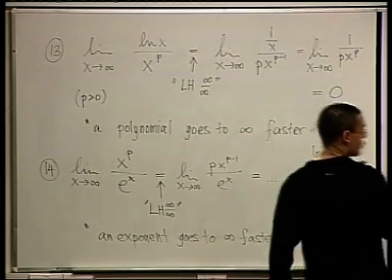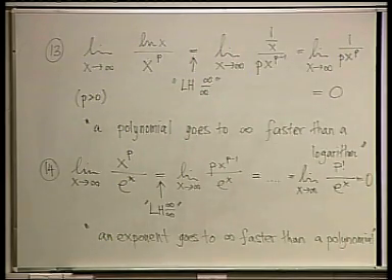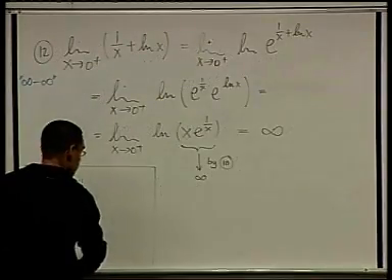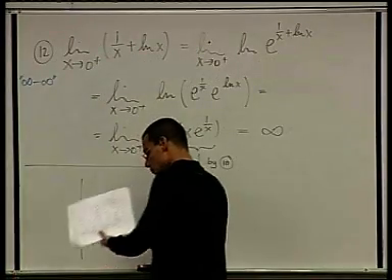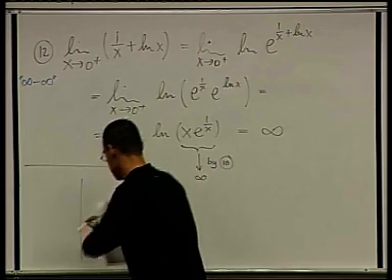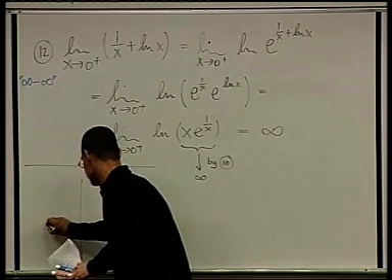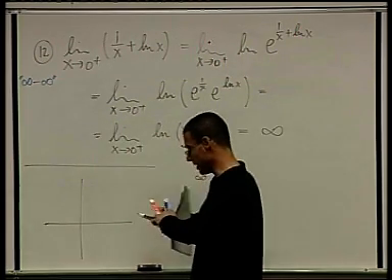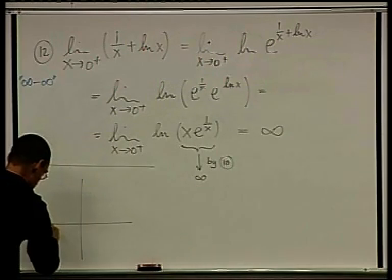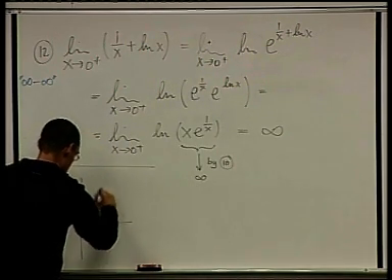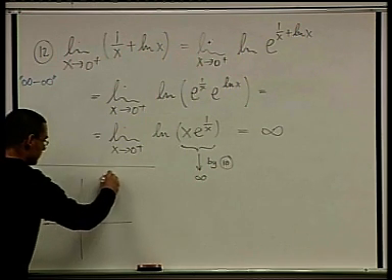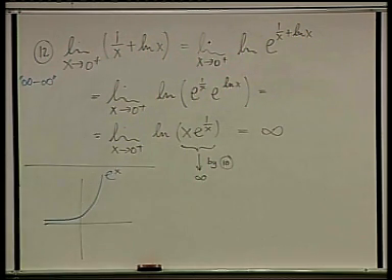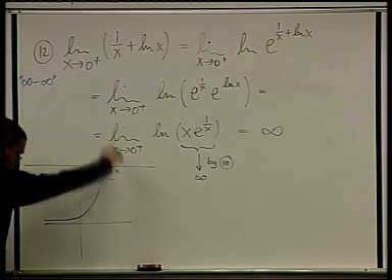And in fact, I'm going to take 20 more seconds of your time. In fact, if you draw a picture, if you draw e to the x, it looks like this, right? E to the x looks like this. You all know that, right? What does x squared look like? A parabola, right?